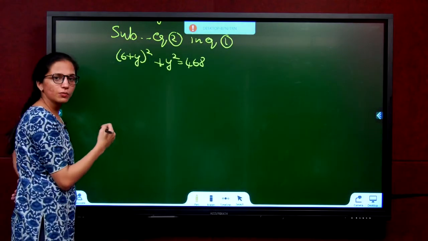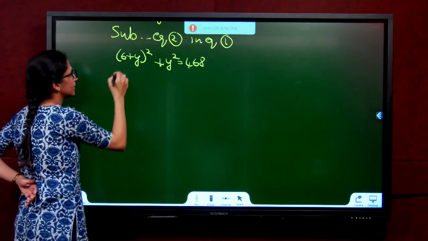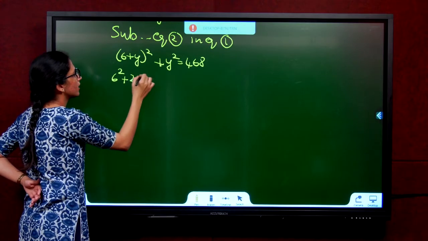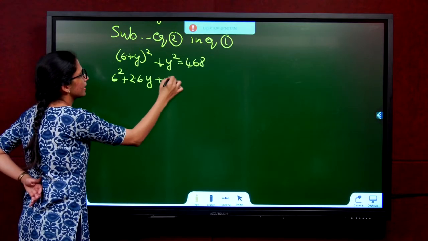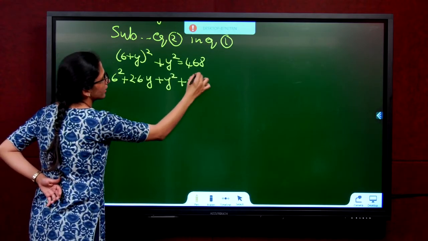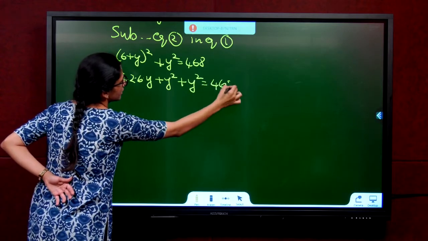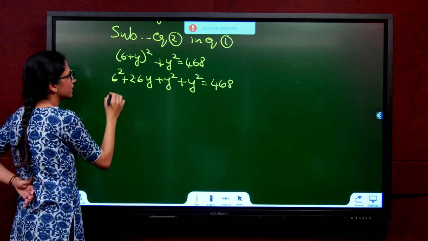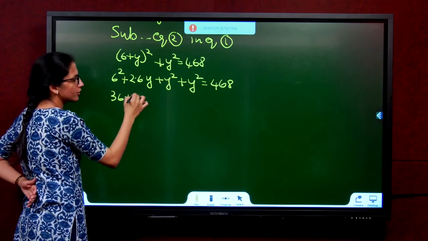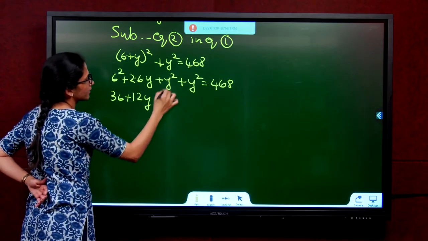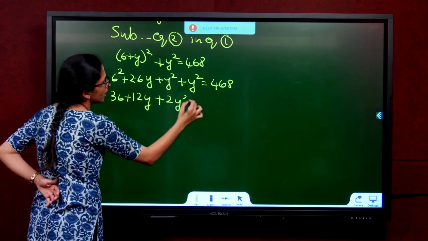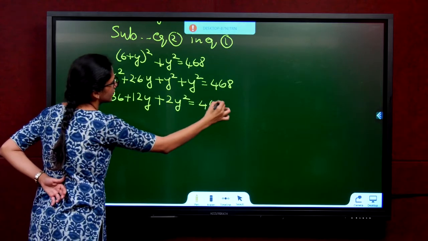Using the (a plus b) whole square formula: 6 square plus 2 into 6 into y plus y square, plus y square, is equal to 468. 6 square is 36, 2 into 6 is 12y, and y square plus y square is 2y square.